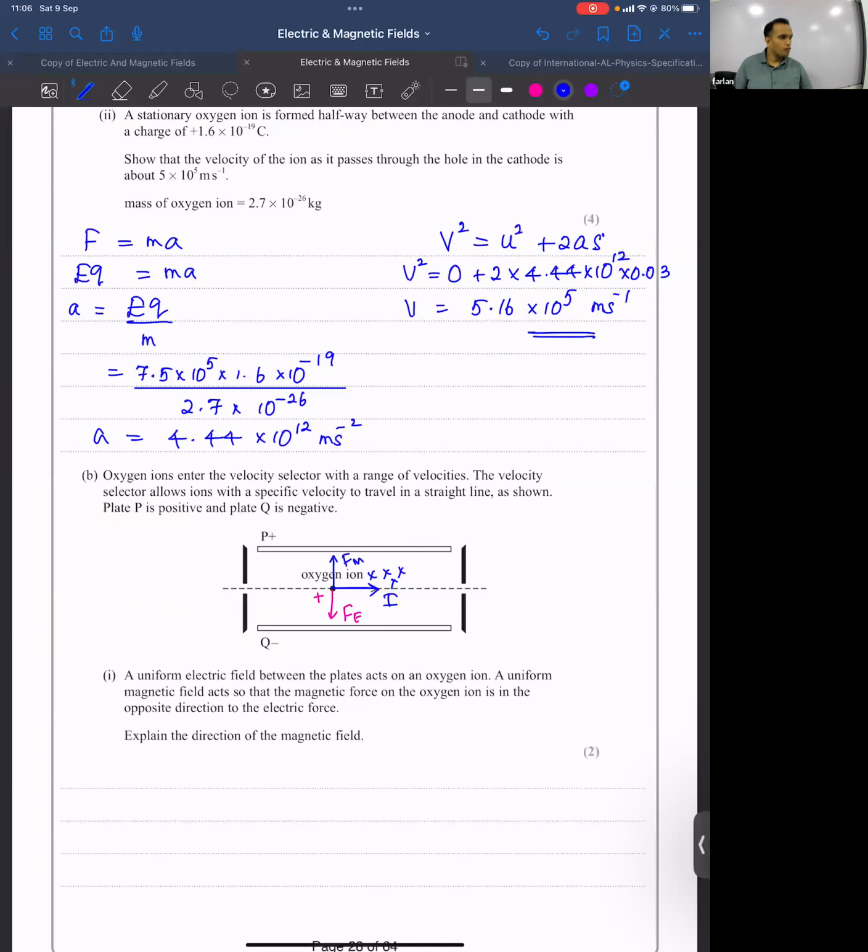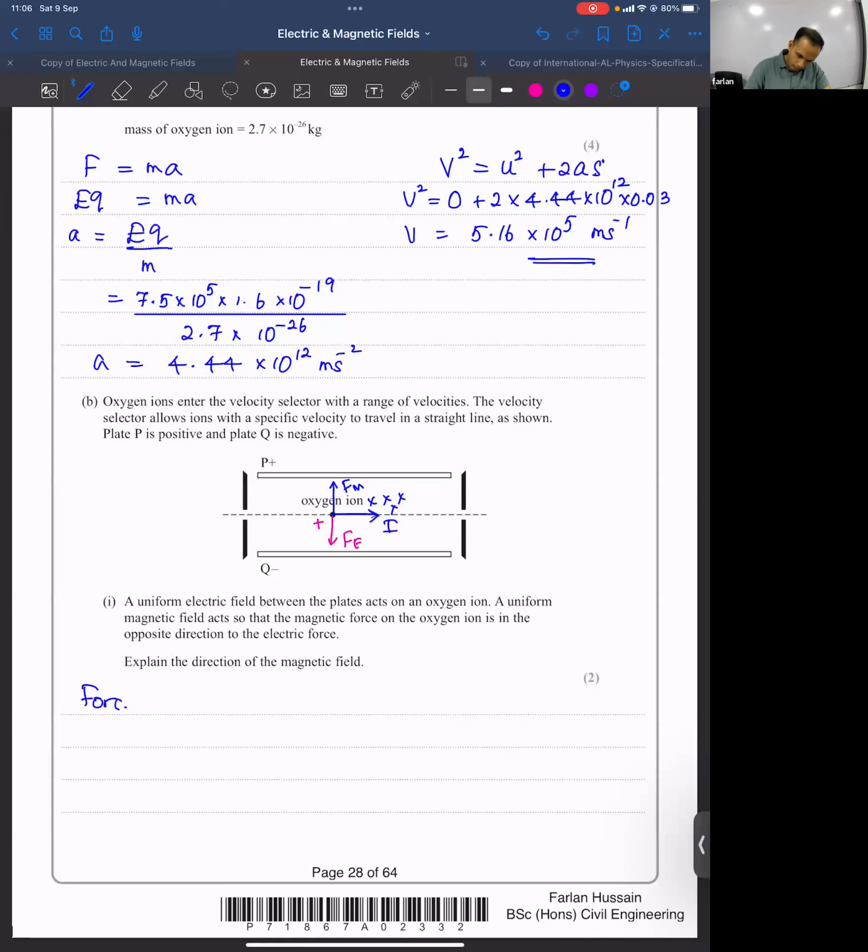Force due to the electric field on the particle is towards Q. Full stop.